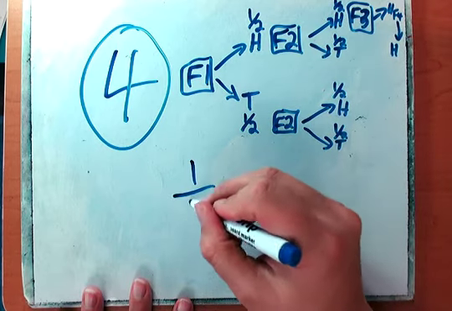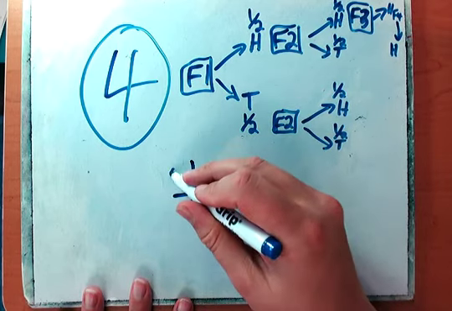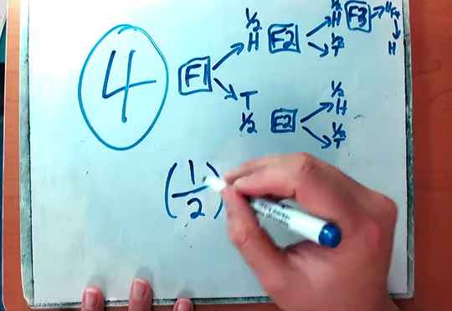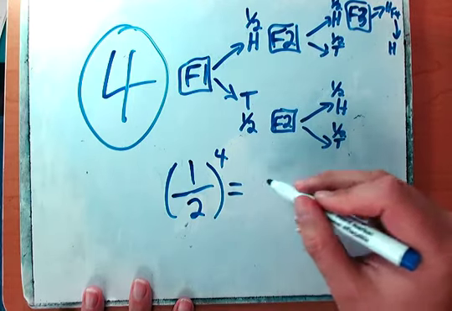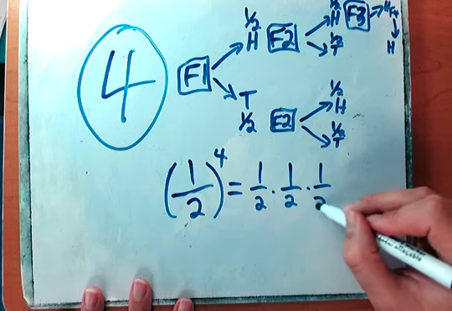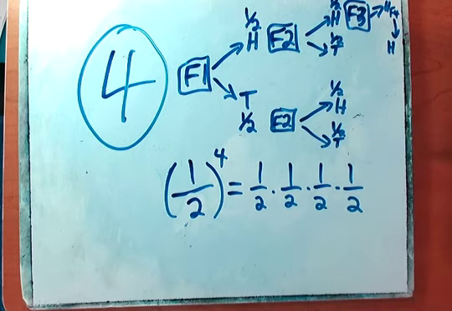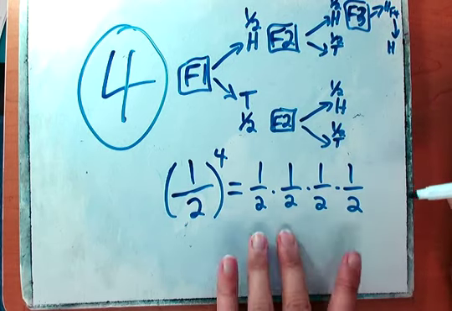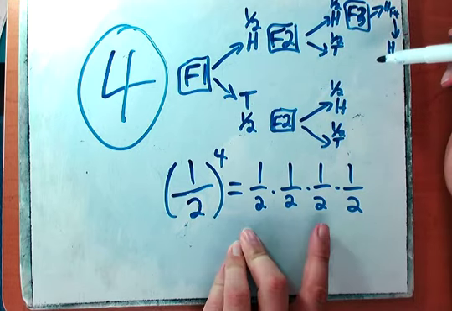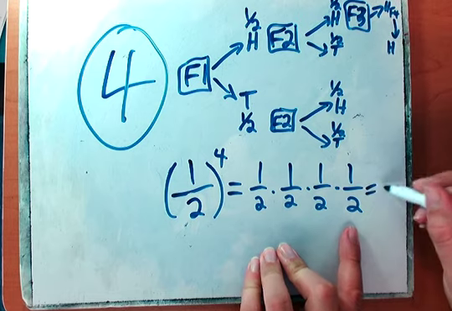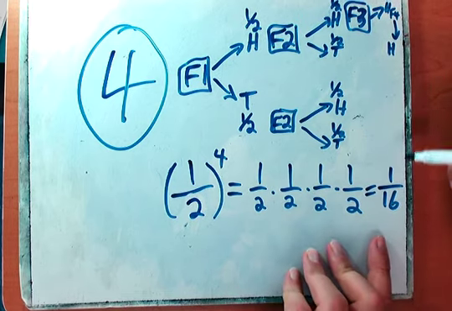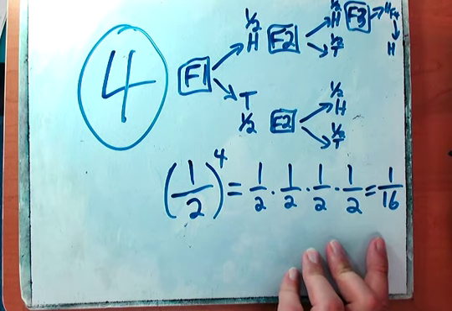So what I can really write that as is 1/2 to the 4th, or 1/2 times 1/2 times 1/2 times 1/2. So 4 heads in a row is 2, 4, 8, 16. 1 in 16 chance, 1/16 that you're going to get 4 heads in a row.